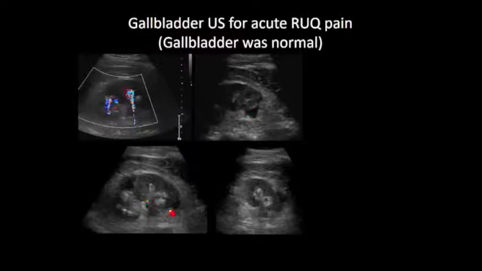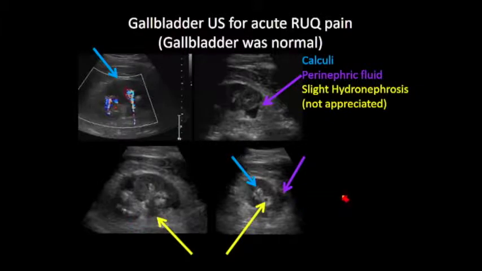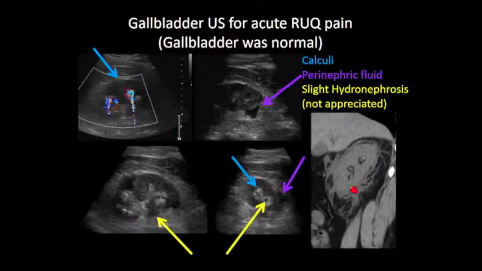And the stones were kind of shadowing, and that, I think, caused us to miss the fact that there was a little bit of dilatation of the collecting system as well. And that was not appreciated and not commented on. And the people in the emergency room were concerned, and not surprisingly, they got a CT, and that's what the kidney looked like. So I suspect we could have figured out the whole thing by ultrasound had we worked at it a good bit.